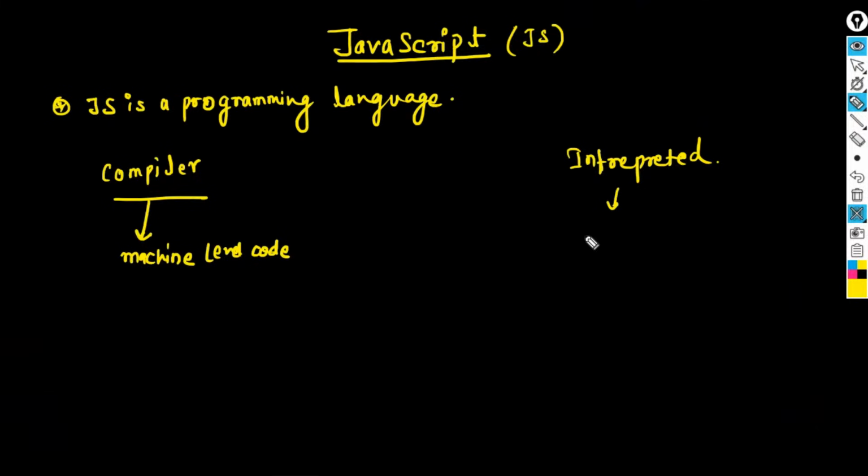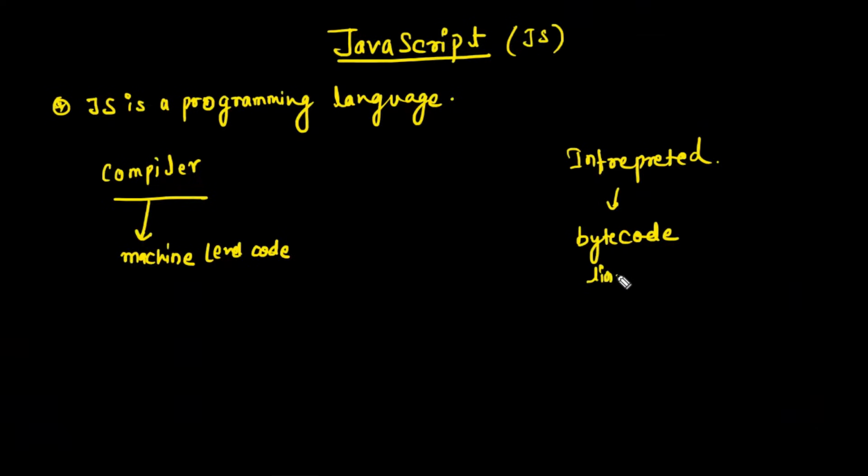Whereas an interpreter converts the code into byte code, and does it line by line. Can you tell me JavaScript is which type of language, compiler or interpreter?